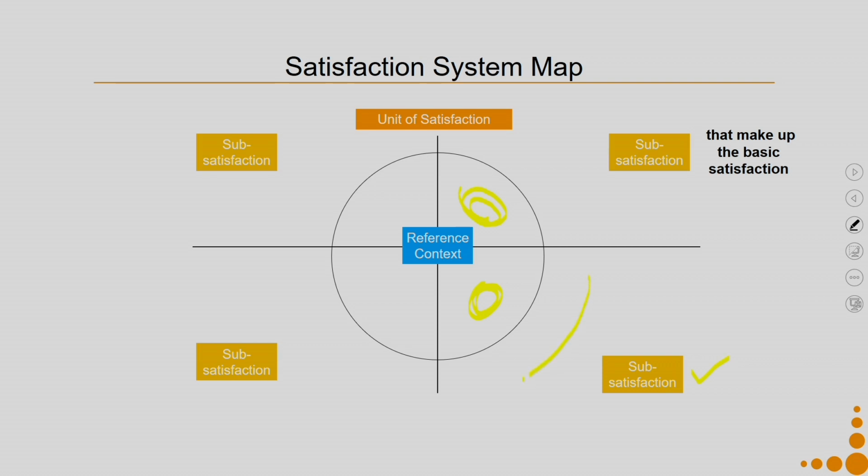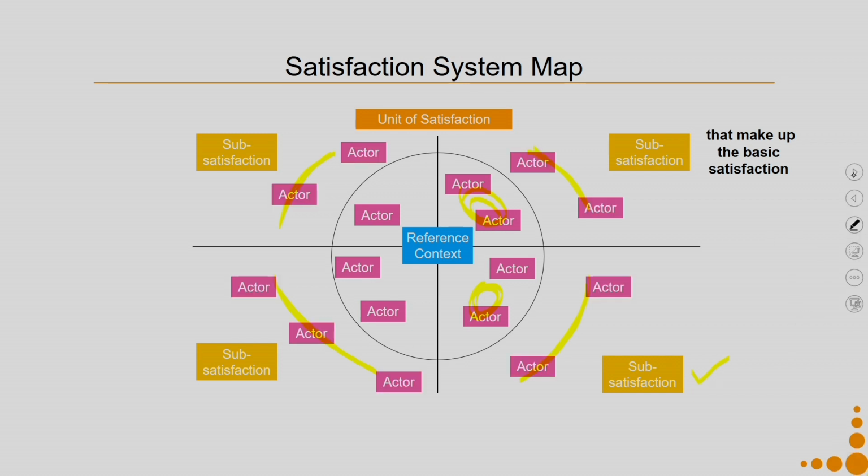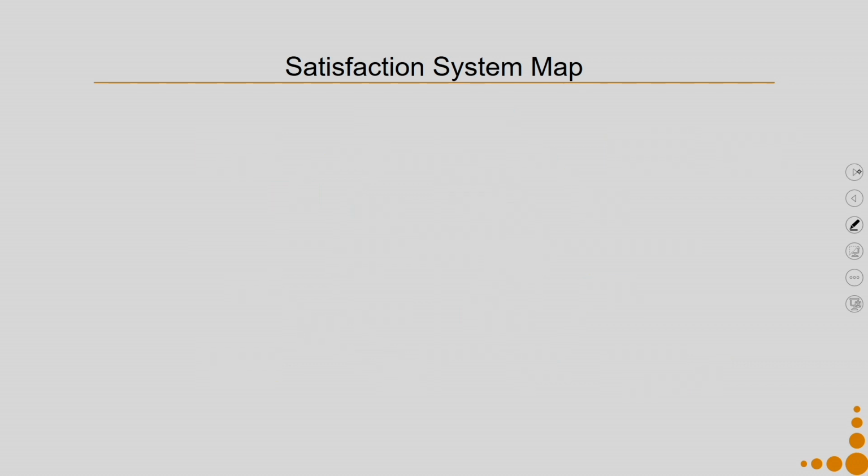So I put all the actors which are specific to that particular subsection inside the circle, and outside I put all actors who can play a role in any of these sub-satisfactions, who are common to all the sub-satisfactions. So let us see how we draw it in the context of Fresh.